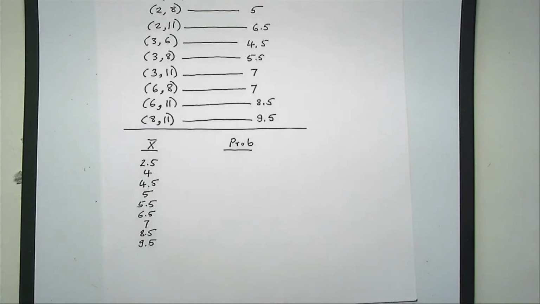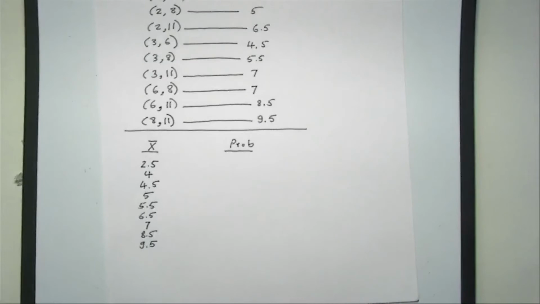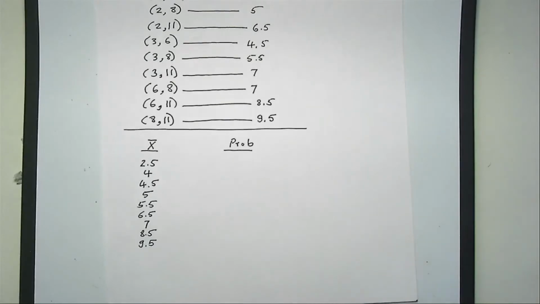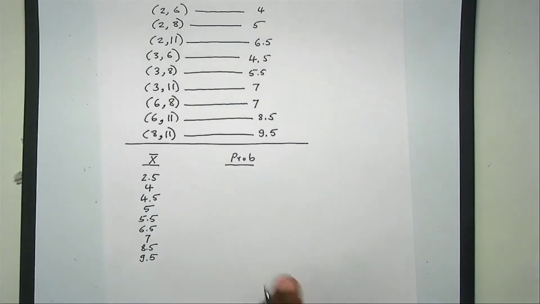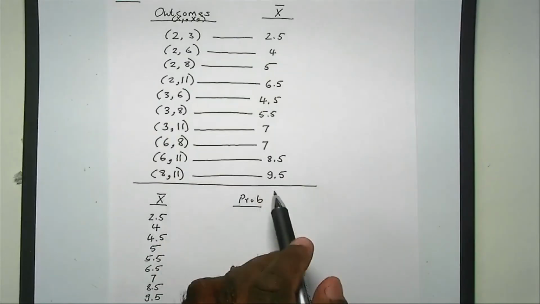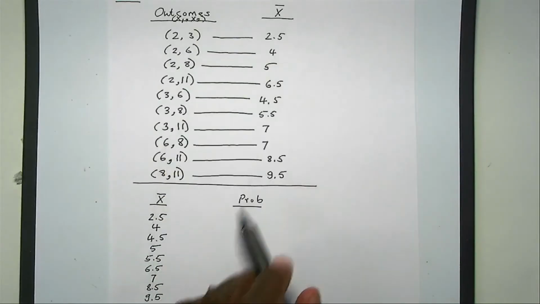Now let's do the probabilities. As you can see, there are 10 possible outcomes here.